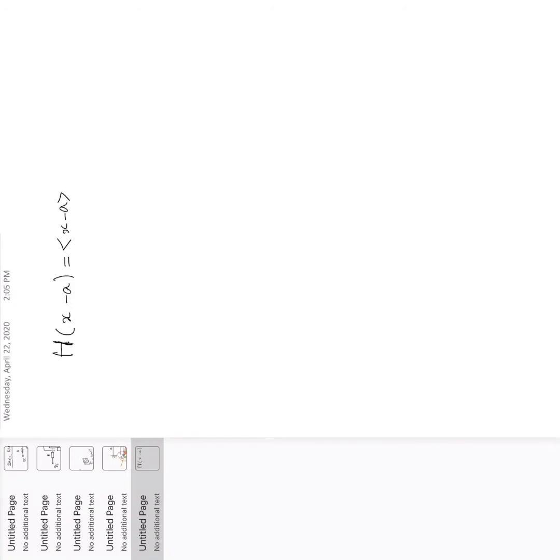And the definition of this function is: if your x is greater than a, then this function returns x minus a, or itself. If your x is smaller than a, then this function returns 0, or null, nothing.